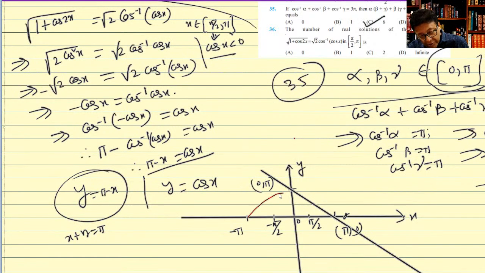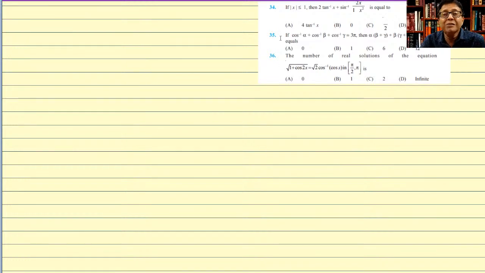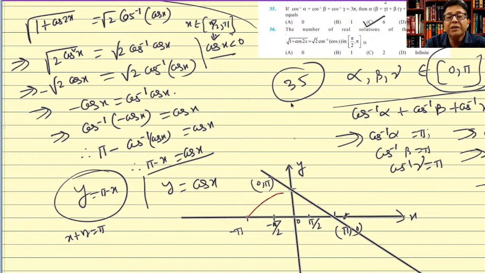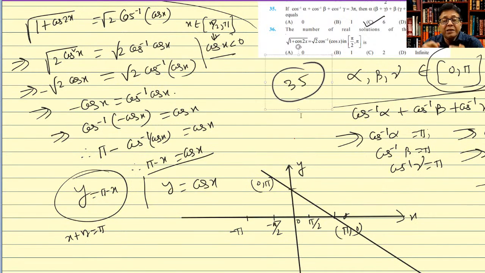So take care of that part, because otherwise you will be wrong here. So this part will lie a little bit below, because this point is pi. The length from origin is pi only, so it has to be 1, has to be less than that. 1 lies here. So the graph of the function: pi by 2 is 0, plus pi by 2 also 0.